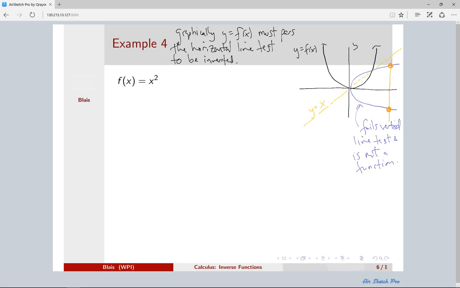However, if we restrict the domain, and by the way, you can also see here the domain of y equals x squared is all the real numbers. Well, this isn't even a function, so it doesn't have a range. So I guess it's not worth mentioning.